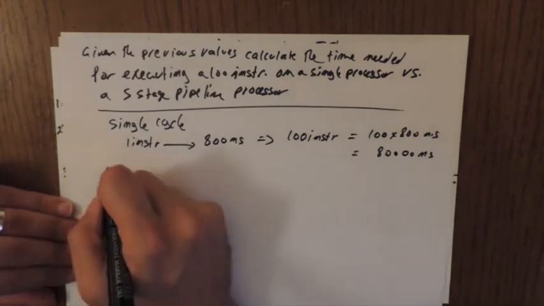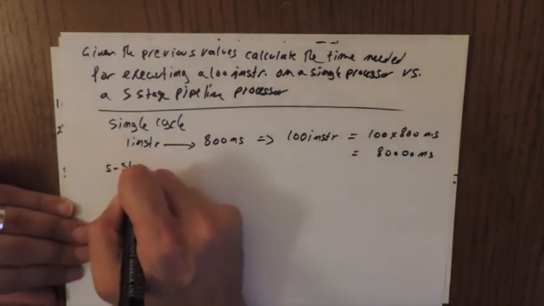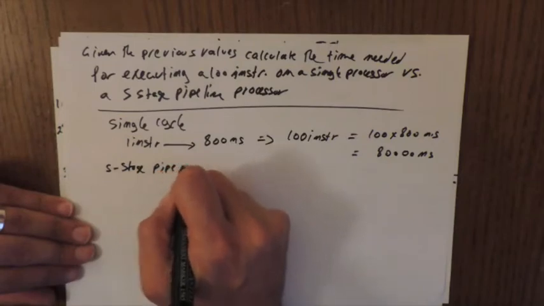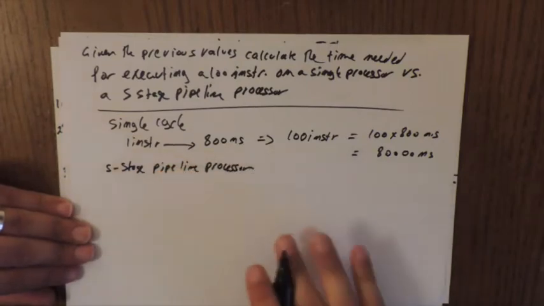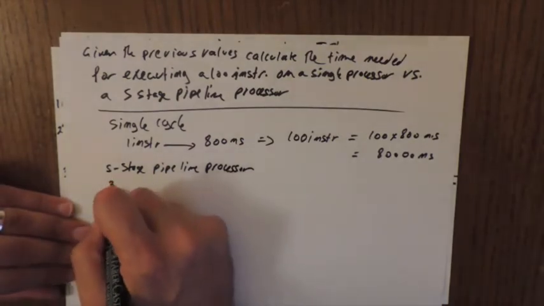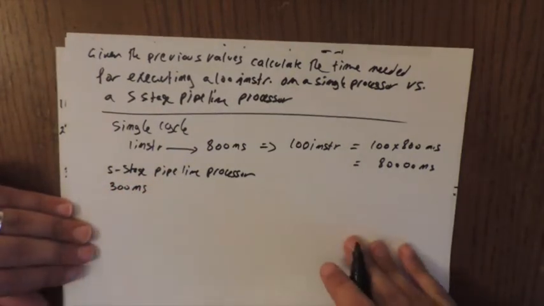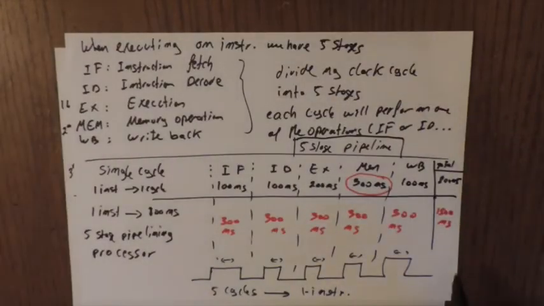Now, let's take the case of a 5-stage pipeline processor. So, as you see, our clock period is 300 nanoseconds. So the total is 1,500 nanoseconds.